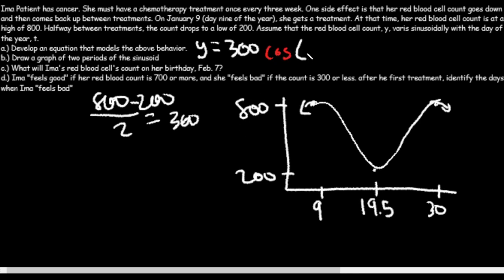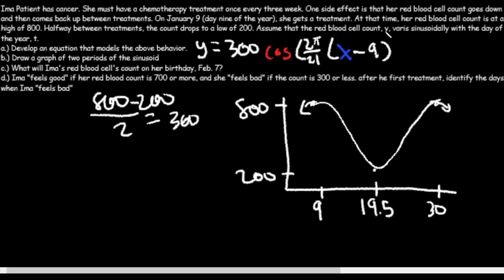And then, since this is 2 periods, we need to do 2 pi, because that's what 2 periods represents. So 2 periods is 21 days in this case, so we can just do 2 pi over 21, and that should work. And then we have x minus 9.